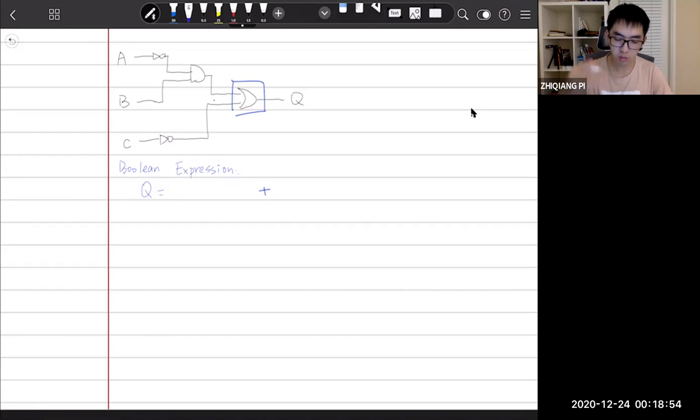Looking at the upper half of the circuit, we get an AND gate, and the AND gate's two inputs are not A and B. And now we look at the lower half of the circuit. The second argument to the OR gate would be the not C gate input. So this would be the Boolean expression or sum of products term of the given logical circuit.